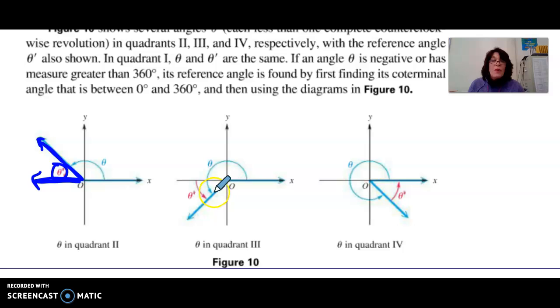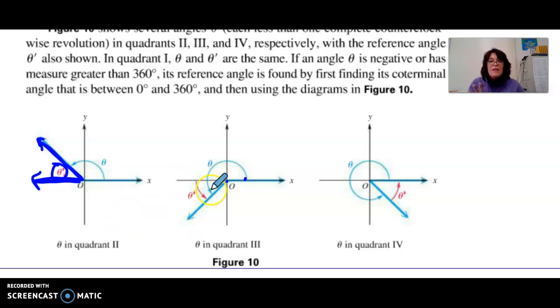If I'm in the third quadrant, here's my terminal side. The angle that I'm going to refer to is this measure. Again, you go from the terminal side to the x-axis. I'm not going over here. It's the smallest distance to the x-axis. Okay, they said acute angle. This would be obtuse if I went over there. Okay, whatever this degree measure is, positive. I'm just talking about the degree measure, not which direction it's opening, none of that.